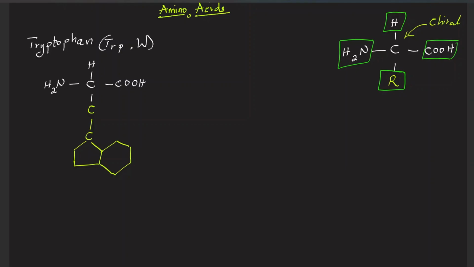The bottom part here is a nitrogen. And this 6-membered ring is just a benzene ring. So we have this, that, this.